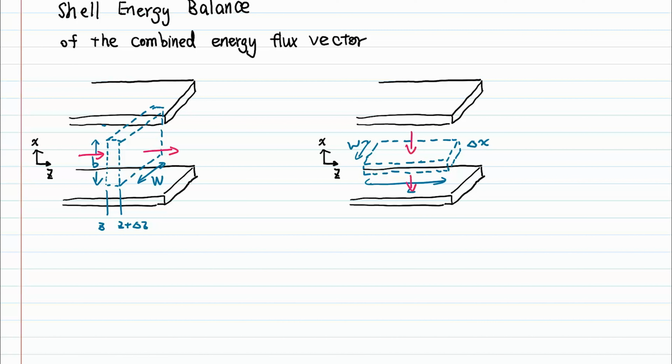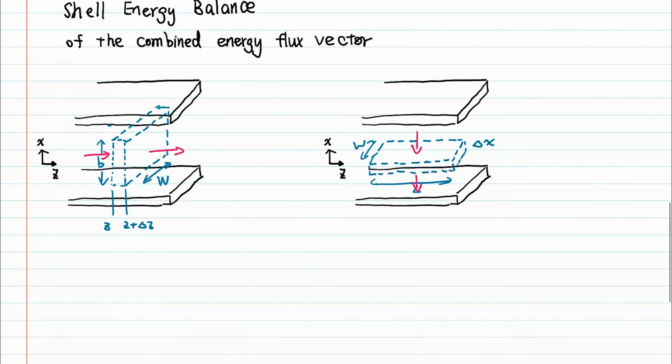Let's see what's going to be different here. Let's proceed from the left-hand part first. At steady state, you have in minus out equals 0.